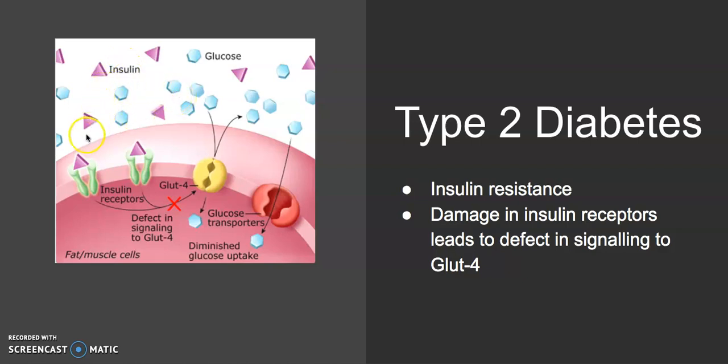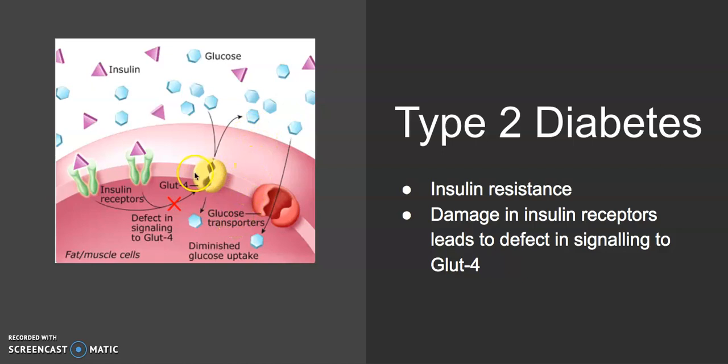Then it comes to a muscle or fat cell, but there is a problem with the insulin receptors signaling to the GLUT4 pump here. In this problem, we don't actually get the glucose that should be coming into the cell.